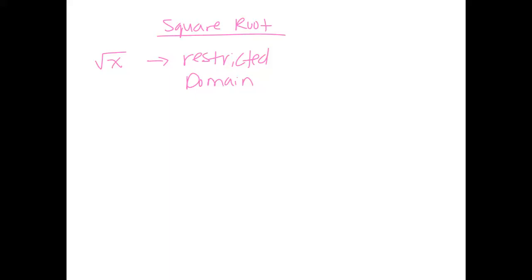So then our graph is going to have an endpoint. I'm saying I cannot go past that endpoint. And then I'm going to have an arrow pointing somewhere else. That's how the graphs are going to look like. It's going to have an endpoint and then it's going to point in another direction. Okay? Those are the square root functions. Again, that's because you cannot take a square root of a negative.